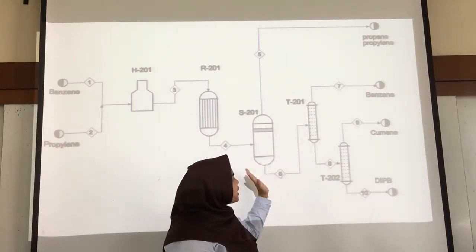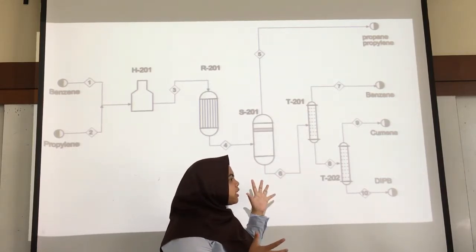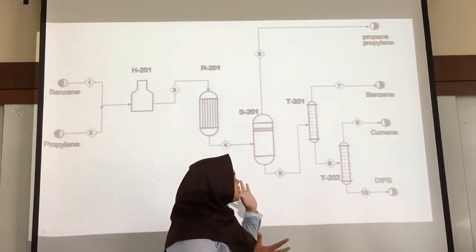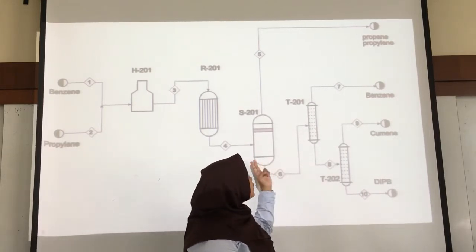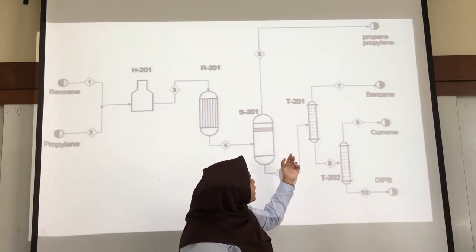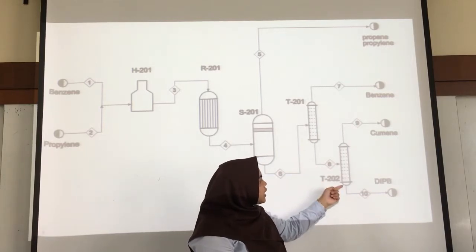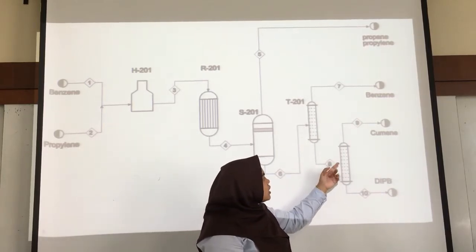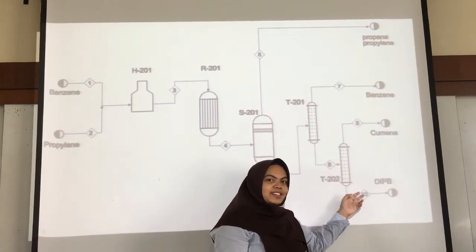To maximize the product selectivity ratio, we have two distillation towers. The first distillation tower is to produce benzene and the product that we want. The second distillation tower separates the product that we want, which is cumene, and the undesired product, which is the DIPB.